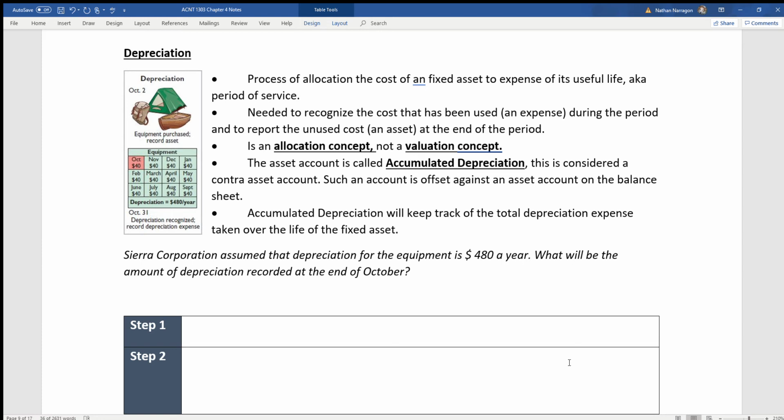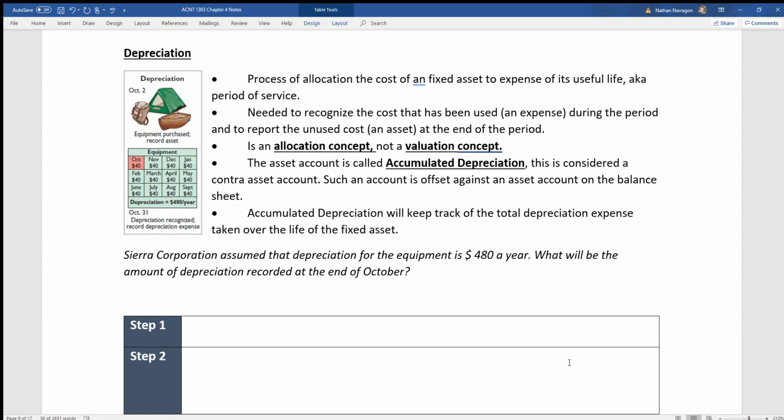So this is going to bring in a brand new account. I mean, technically 2, but basically a new asset account called accumulated depreciation. Accumulated depreciation is going to be considered a contra asset account. Basically means that this account is designed to offset the balance of another account, namely the fixed asset account that we're using. We're not allowed to directly change the cost of that fixed asset.